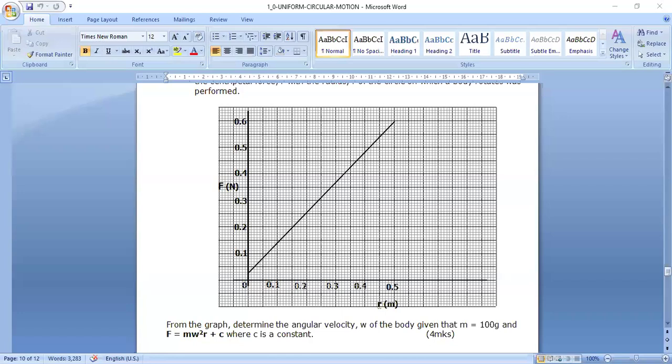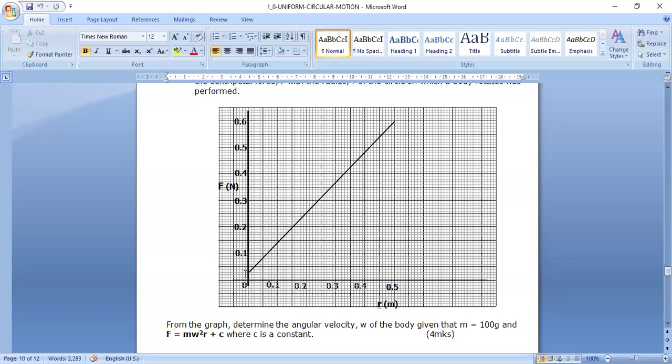Okay, so we've seen that gradient equals m omega squared. Therefore, we look for the gradient on this line. So you select points which are clear and can give you the slope without a hassle. I can see a point like 0.2 and 0.25. The coordinate 0.2, 0.25 is very clear.